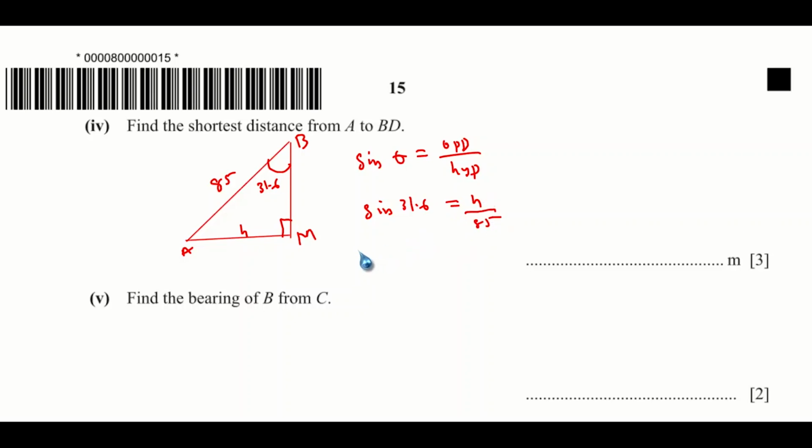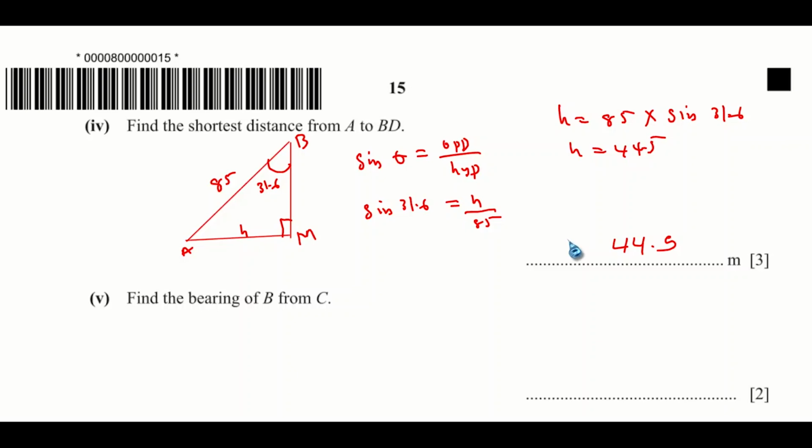So if I cross multiply, h will equal 85 times sine 31.6. So h will equal 44.5, to three significant figures.